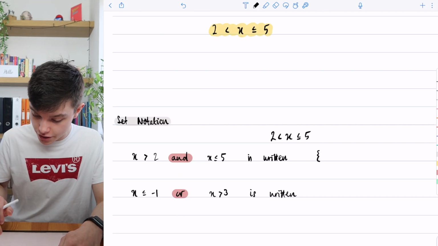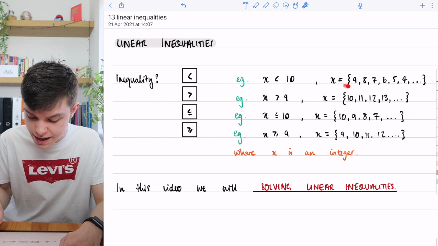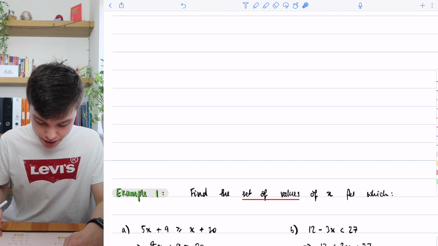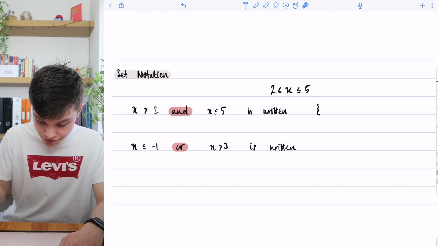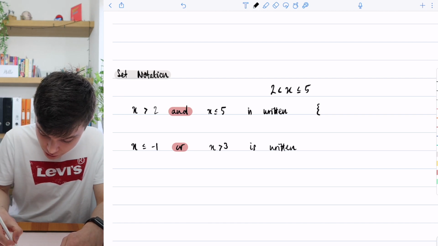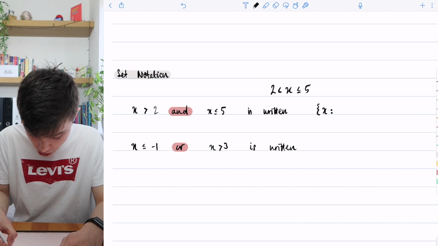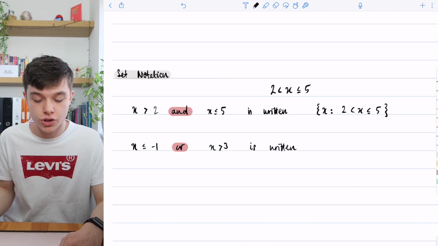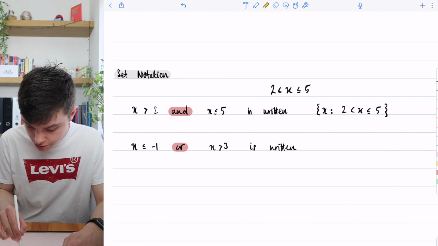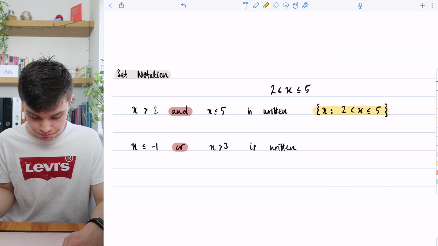We saw those right at the start, these were our curly brackets. They denote a set. If we write it in set notation, what we want is x, so I'm going to write x, and then the inequality that we're dealing with. So 2 is less than x, which is less than or equal to 5, and close your curly brackets, okay? So that's those two inequalities written in set notation.